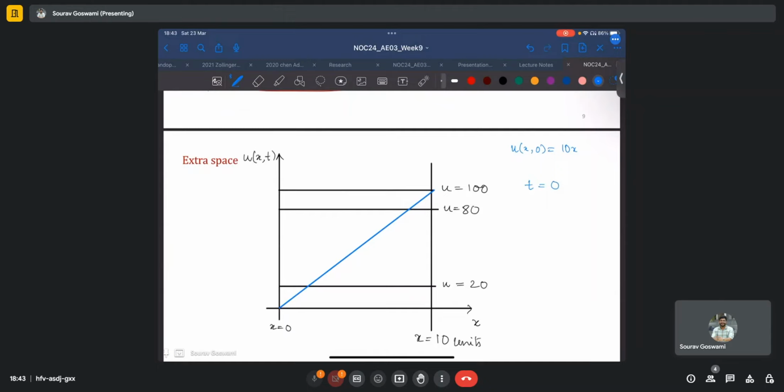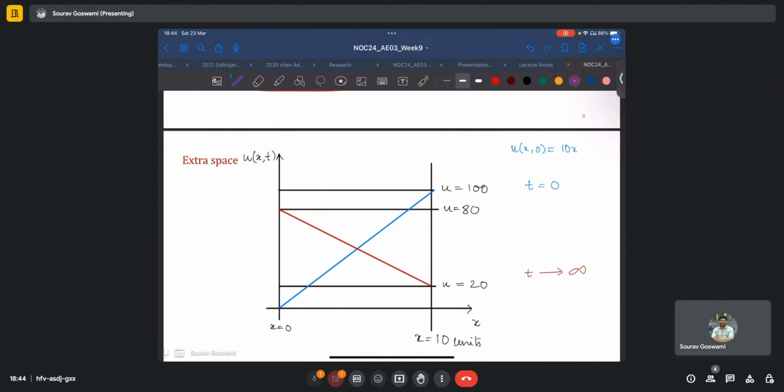So eventually, if I use, say, purple or red, the left hand will be at 80, right hand will be at 20. So the red one can be for a sufficiently long time, so maybe t tending to infinity. And in between, we'll find the temperature profiles to resemble something like this.